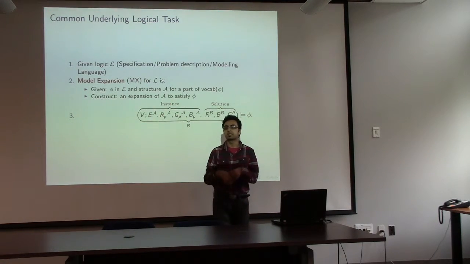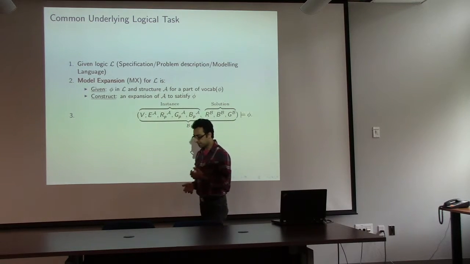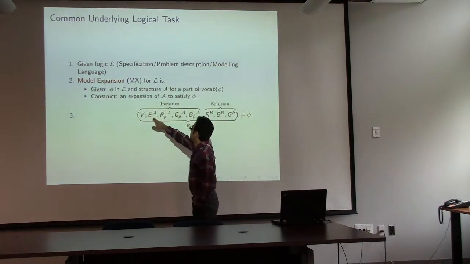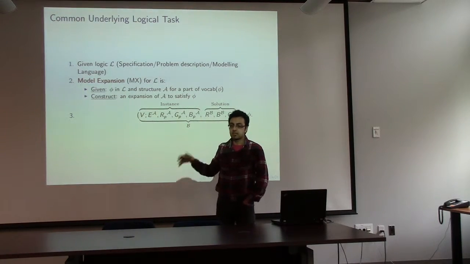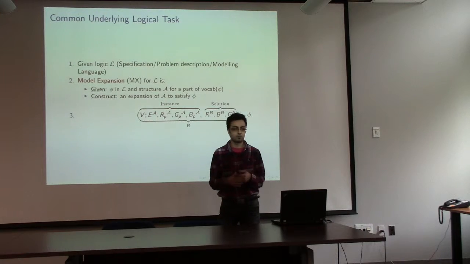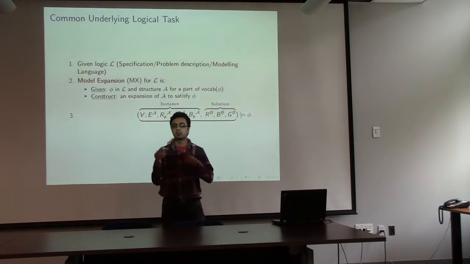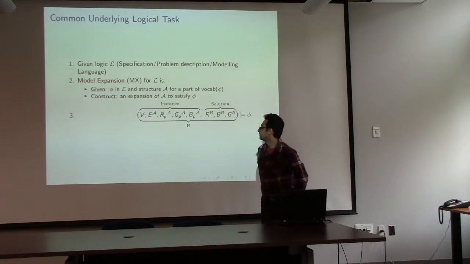For example, for graph coloring, our instance would be a graph, the edges of the graph. Let's say we are going to find a valid three-coloring for a graph in which some of the vertices are already colored. They have pre-assigned colors.